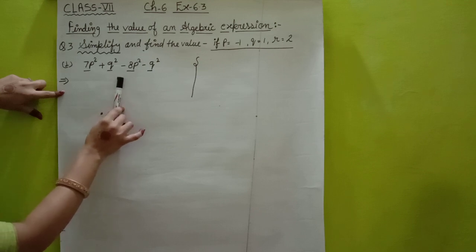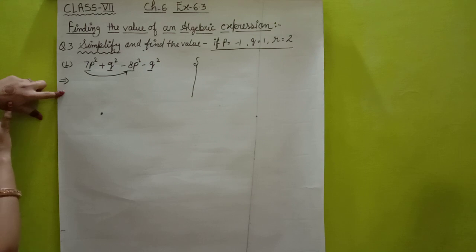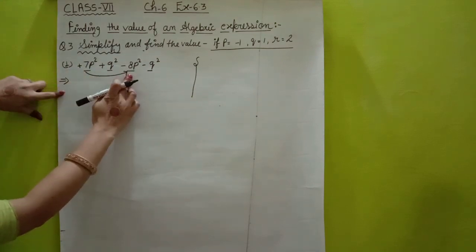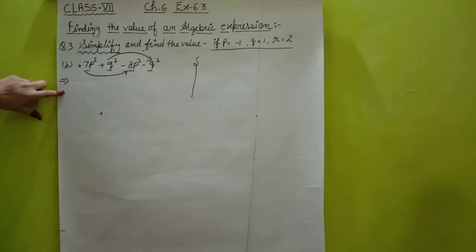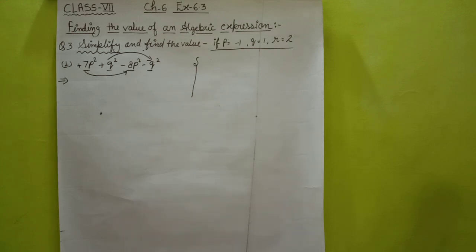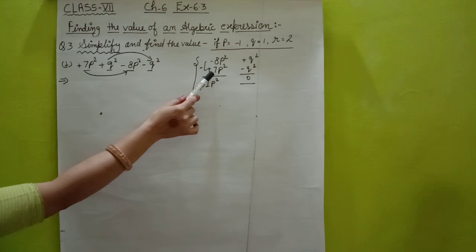So first of all, students, 7p square and minus 8p square we will solve. 7p square has a plus sign and 8p square has a minus sign. After that, plus q square and minus q square we will solve. We will solve in the rough column. You can see in the rough column, minus 8p square plus 7p square.